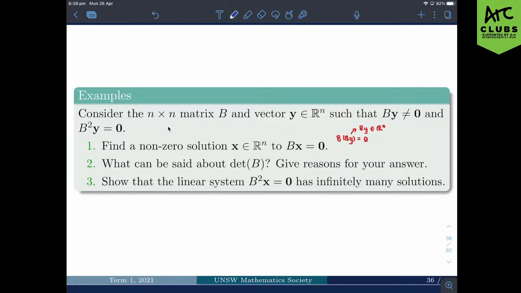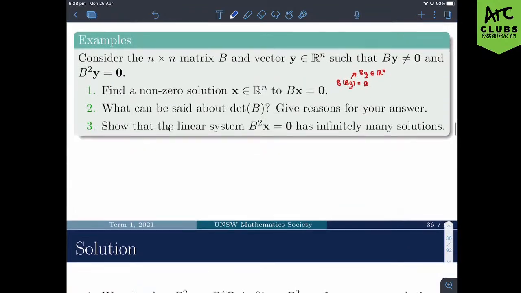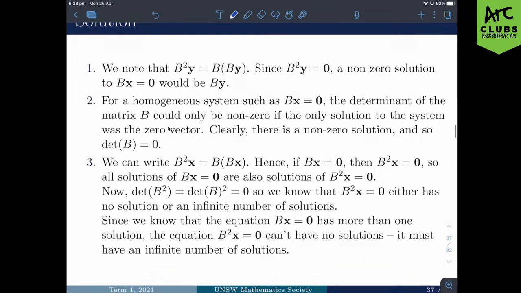Remember from before, a system of linear equations represented by this matrix can only have a unique solution, no solutions, or infinitely many solutions. So this has infinitely many solutions, and so the determinant would have to be 0. Or you can also argue that the solution is not unique, so the determinant can't be non-zero. But yeah, that's our second part.